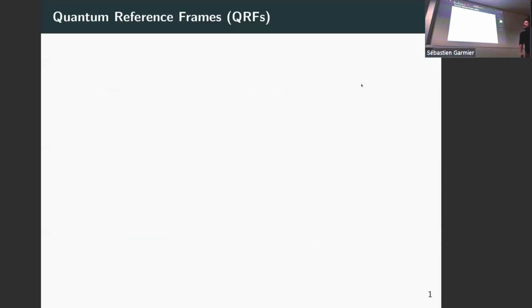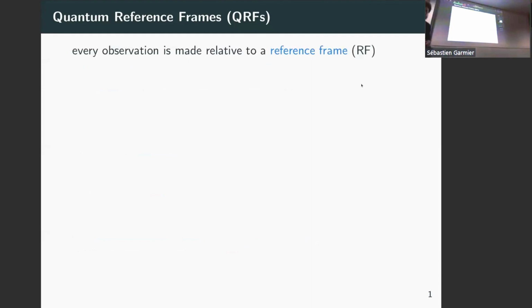So let's begin with something that you probably all are familiar with, namely the notion of a reference frame. Reference frames are extremely important in physics because pretty much any observation we do always happens relative to a reference frame.